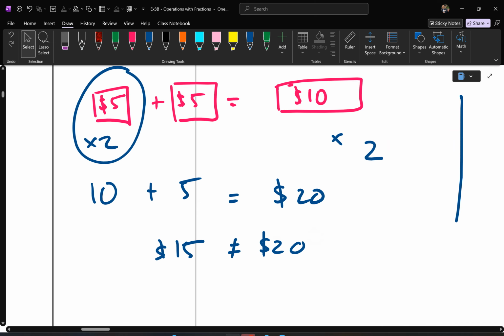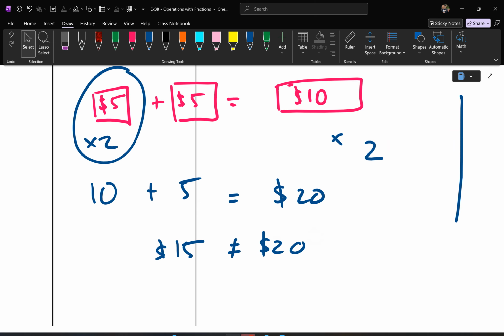But they just don't see it. How is algebra linked to money? It's the same thing. If you only double this side, just the $5, you're missing out on $5 here, because they came together. Together is $10. You had two notes. So if you double one of the notes, you have to double the other note. Otherwise, it doesn't make sense. But most students don't see it until you actually give them something concrete to think about.